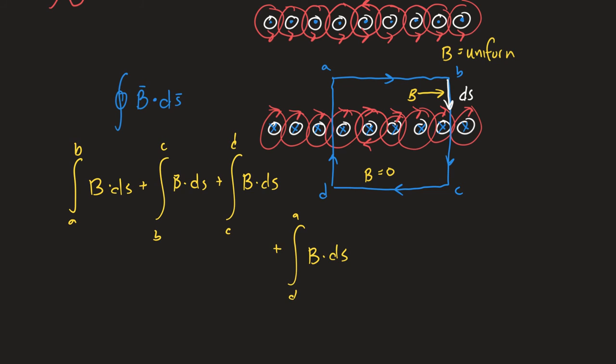We have to add all of them together, but these have no contribution to the line integral because their calculation is 0. And it's because we chose the sides carefully so that they would have no contribution to the line integral. We've done this with Gauss's law before too. In fact, this is how we did the infinite sheet.